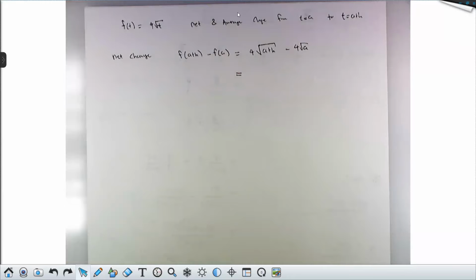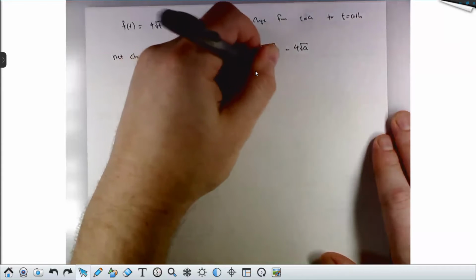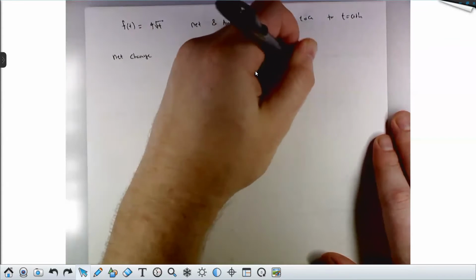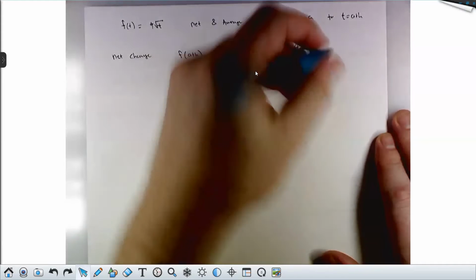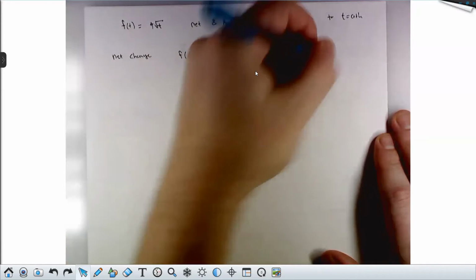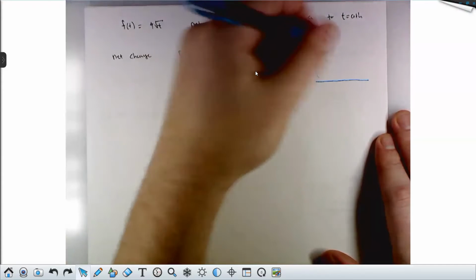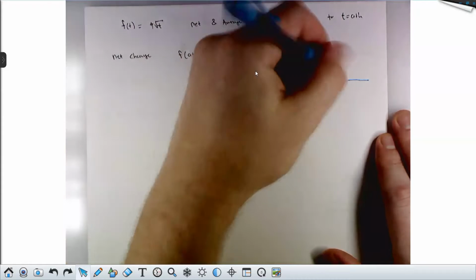But when we look at the average rate of change, we know our goal is to cancel the h from the bottom. So my next step here, you can either do it on this part or you can do it later when you get to the average rate of change part, would be to do something called multiplying by the conjugate. So I'm going to take this and multiply it by a certain fraction, which is what I get by taking this expression and changing this minus to a plus.